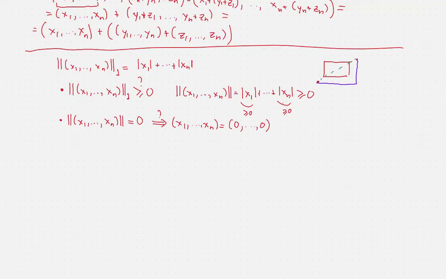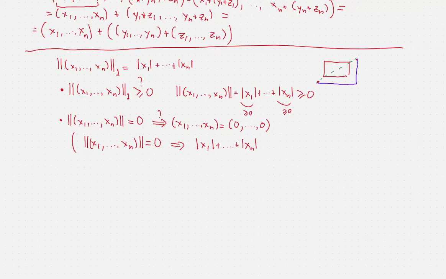Well, if the norm of x1, comma, all the way to xn is equal to 0, then that would mean that the sum of absolute value of x1 plus all the way to absolute value of xn is 0. I don't want to say x2, because if I start with x1 and I finish with xn, I even leave the possibility open that n is 1. When you say x2, pretty much you say that n has to be greater than or equal to 2, which is not a big problem because really we want to do higher dimensions here. But in any case, there's this funny little detail here.